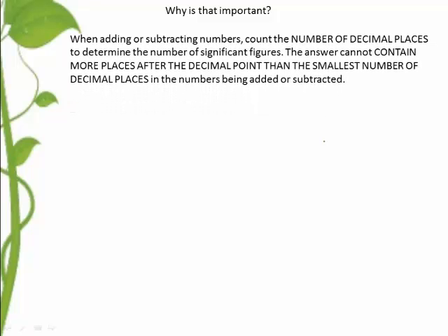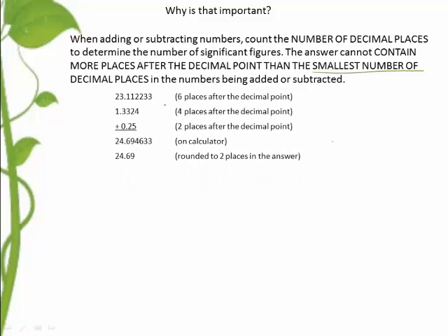So when we add or subtract, we're going to count the number of decimal places to determine the number of significant figures. We can't have more decimal places than the number with the smallest number of decimal places. So we look at this. If I'm doing this addition problem, I have 6 decimal places, 4 decimal places, and 2 decimal places. When I add this, this is my actual answer, 24.694633.